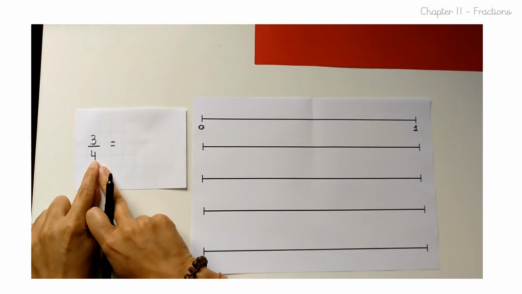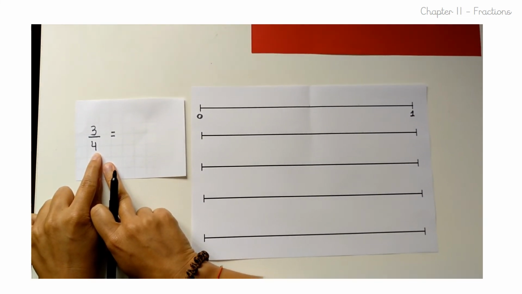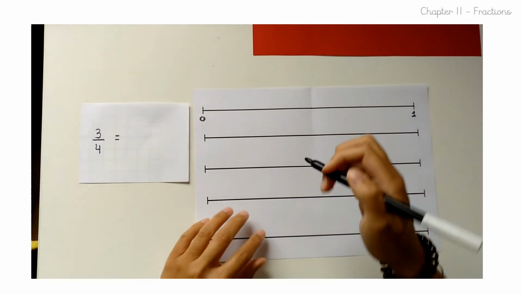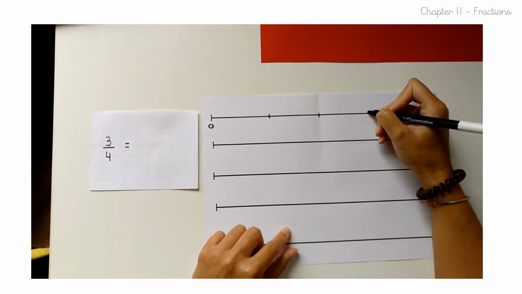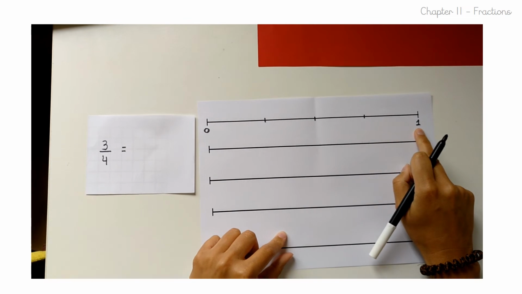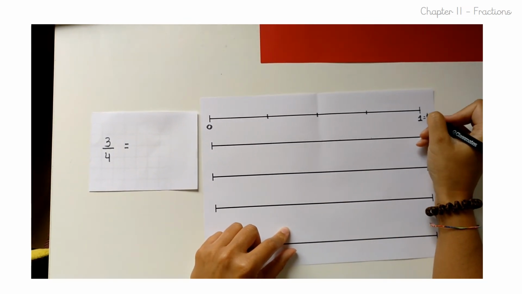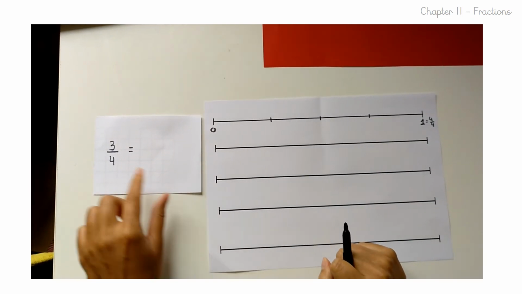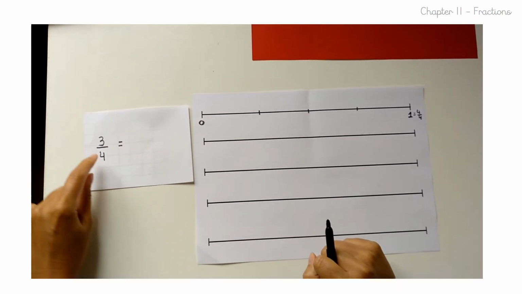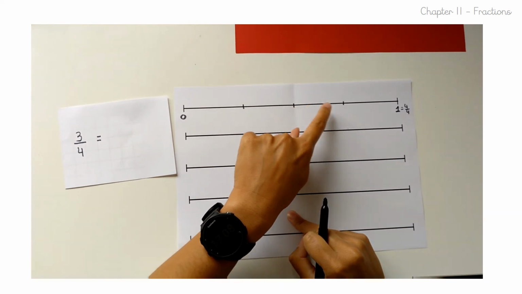And into how many equal parts do I need to divide my number line? 4. So I'm going to divide my number line into 1, 2, 3, and 4 equal parts. Remember that our whole also is 4 out of 4. Now, how many parts am I counting? 3. 1, 2, 3.